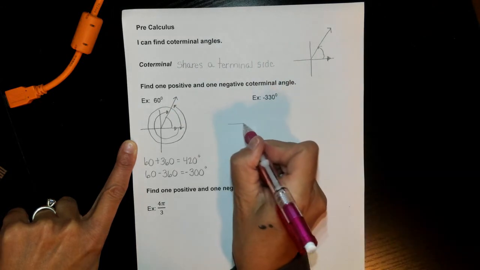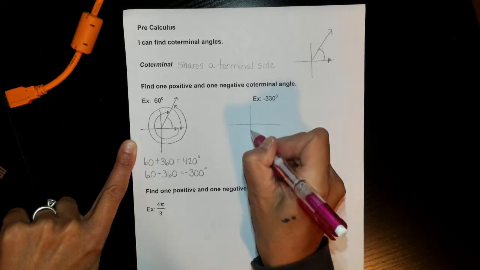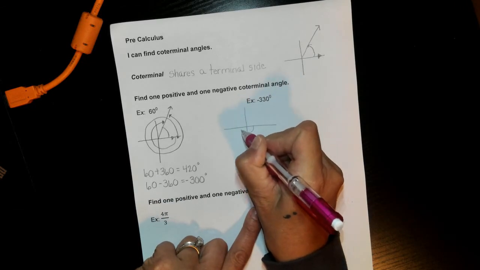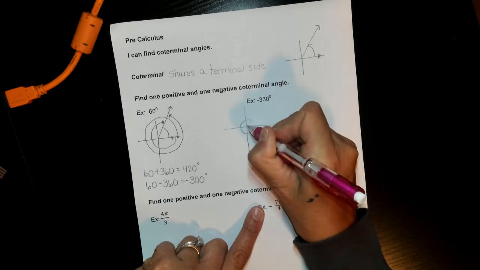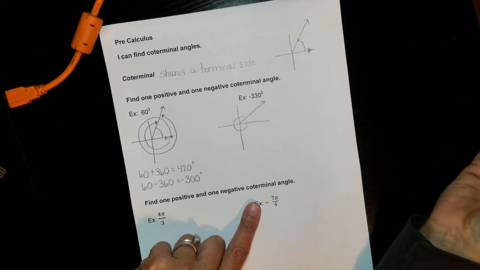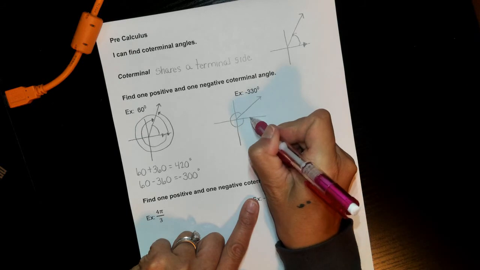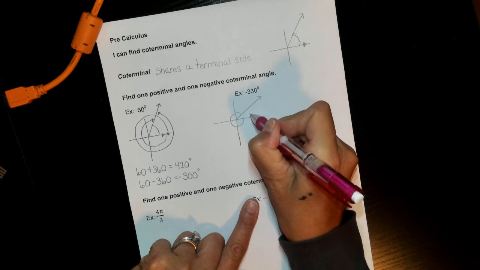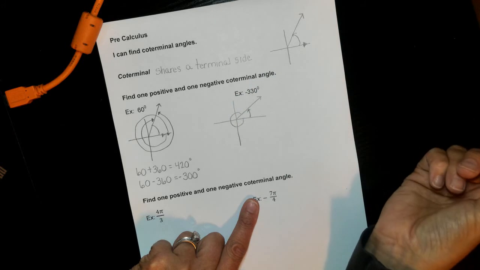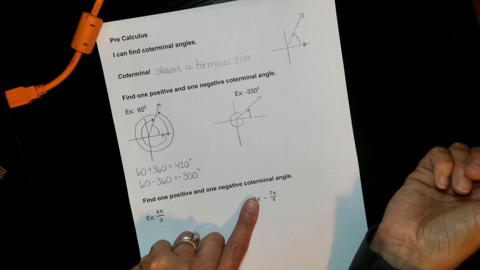Let's do this one. Negative 330. Start on the initial side, go around, approximately stop right there. If I want to find a positive coterminal, start on your initial side, go up until you hit the terminal side, and make sure it's not the same exact angle. It's not.